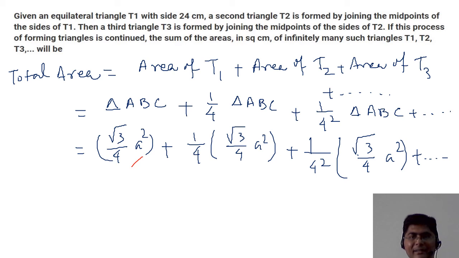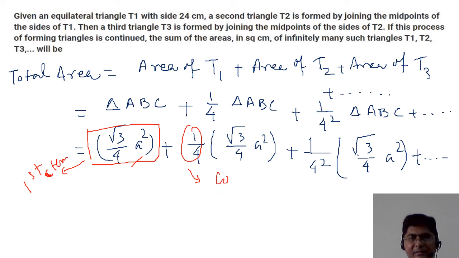Now can you see a GP series? This is A, or you can say the first term. And this is the common ratio. Now what is the formula of a GP series expanded up to infinity? As we can see, the first term A divided by 1 minus R. So what is A here?